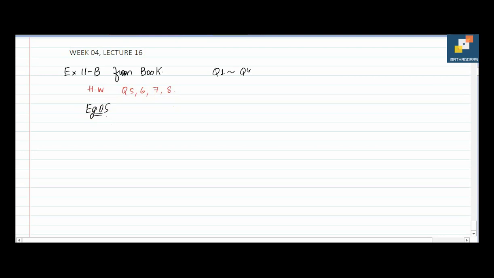It says in triangle ABC, so first I am going to make a triangle. So it says in our triangle ABC, the value of AB is 8.9 meters.